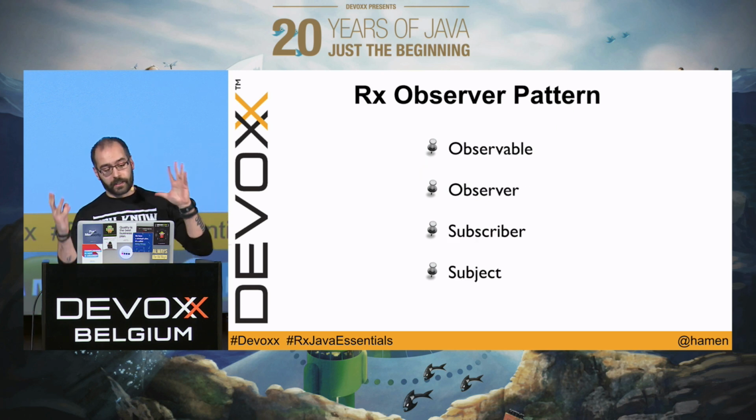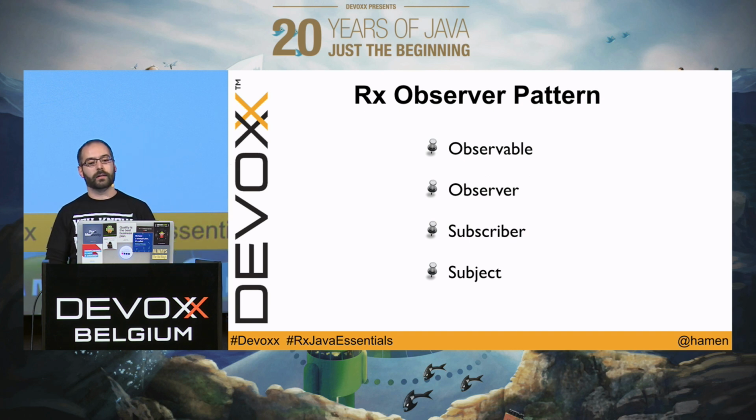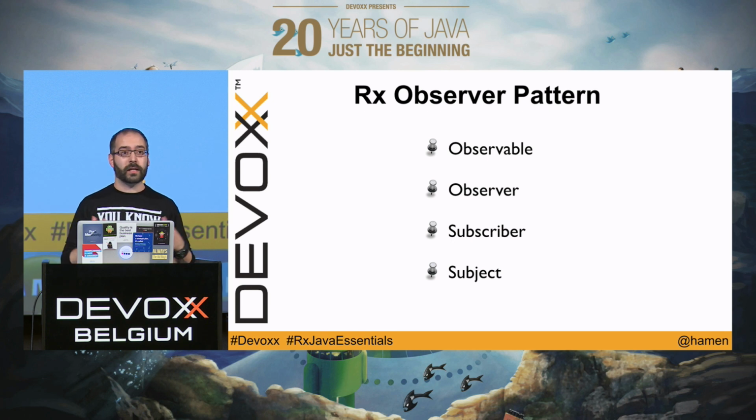The Rx observer pattern is based on four most important players. The observable, that's the emitting one. It's the entity that generates the data. The observer and the subscriber are the receiving ends. They are waiting for the data, and they know what to do when the data comes in.